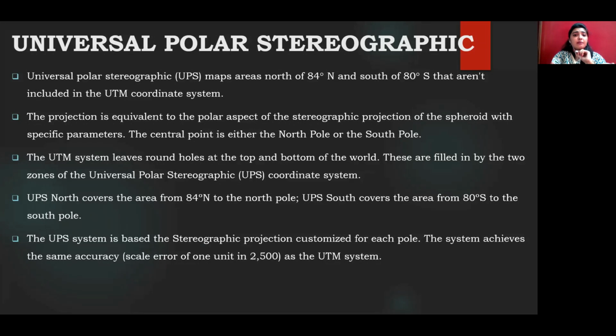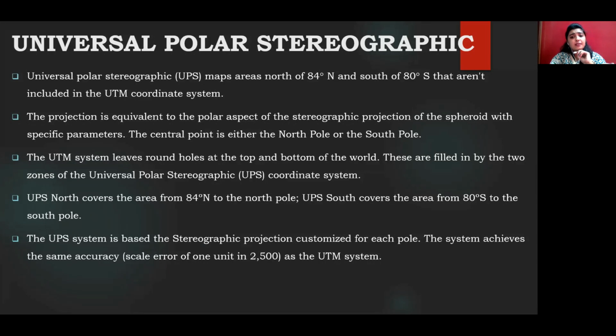The UTM system leaves round holes at the top and the bottom of the world. These will be filled in by two zones of the Universal Polar Stereographic Coordinate System. The UPS North covers the area from 84 degrees north to the North Pole. The UPS South will cover the area from 80 degrees south to the South Pole.